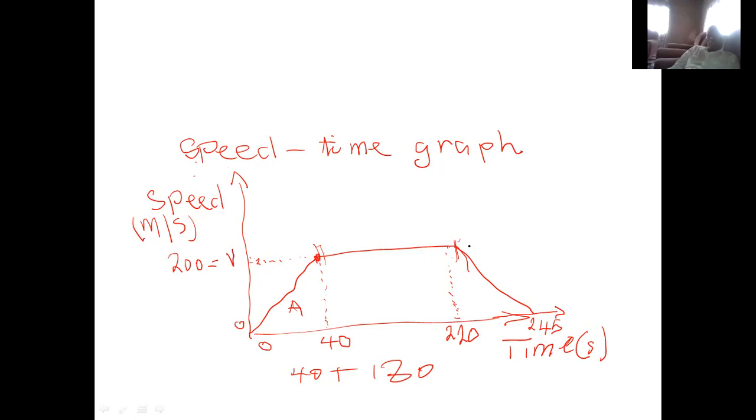If you look at this shape, it is a rectangle. So we need to calculate the area which we have called B, the area of the rectangle. It will give us the distance covered from this point up to that point.